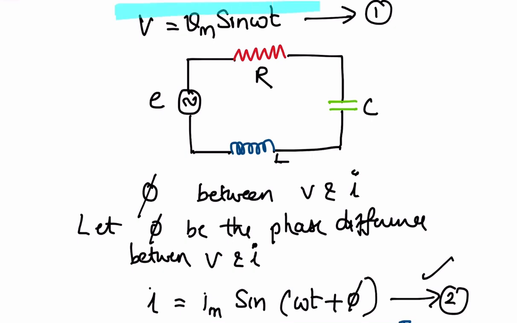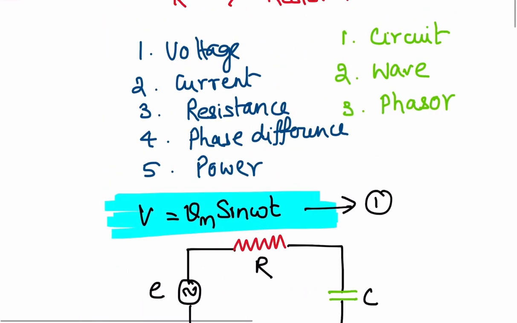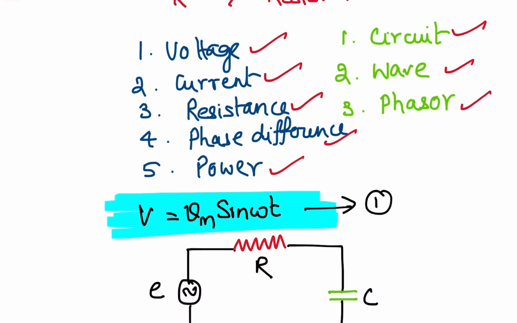I'll just show you up here what we have to take now: voltage equation, current equation, resistance, phase difference, power, and circuit diagram, wave diagram, phasor diagram. Here we have already done the circuit diagram, and equation 1 is the voltage. Now I have to take you to the current equation.